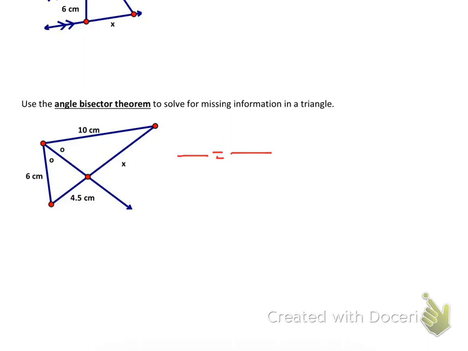What are your thoughts? We've got 3 numbers and 1 unknown. Yeah. 6 over 4.5, that works. 6 over 4.5 equals what? 10 over x. There you go.